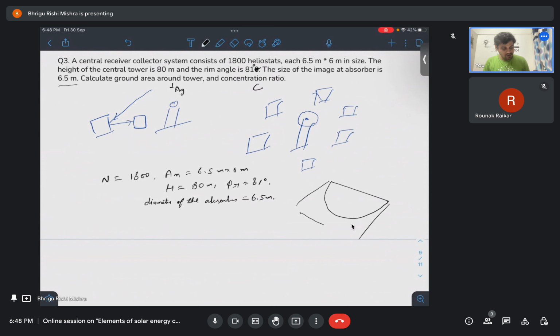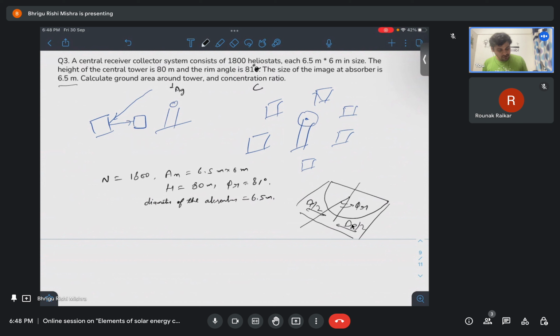So this is dp by 2. Here dp is the size of this receiver, and this angle is the rim angle phi r.